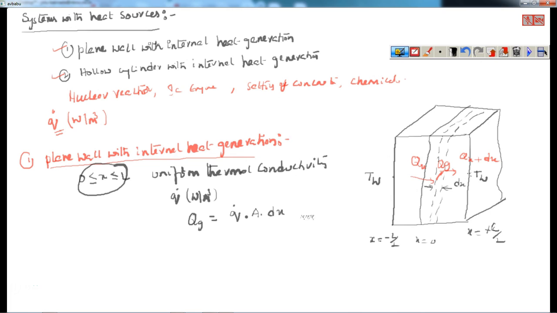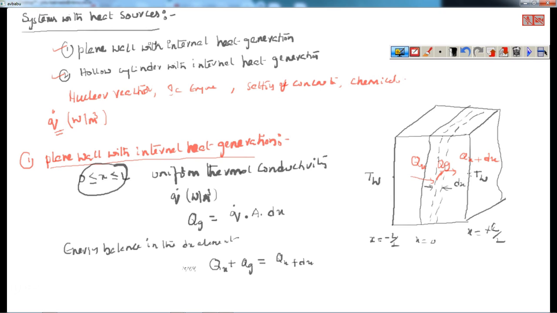Now, if I go for the energy balance in this slab, the energy balance in the dx element: heat passing through the slab at x is Qx, and heat generated is Qg, and leaving the slab is equal to Q at x plus dx.